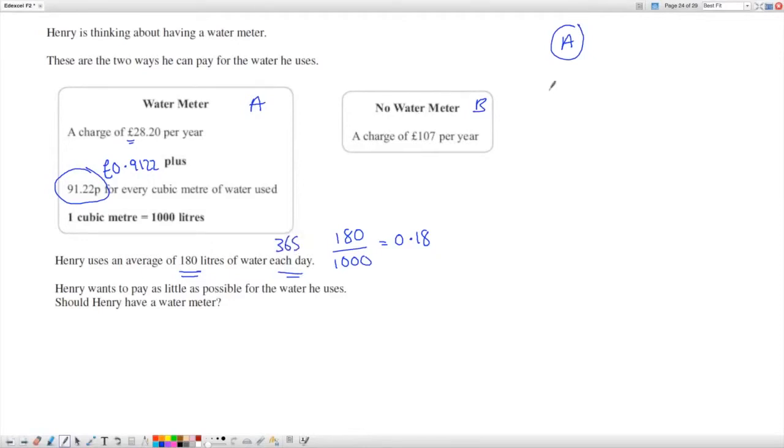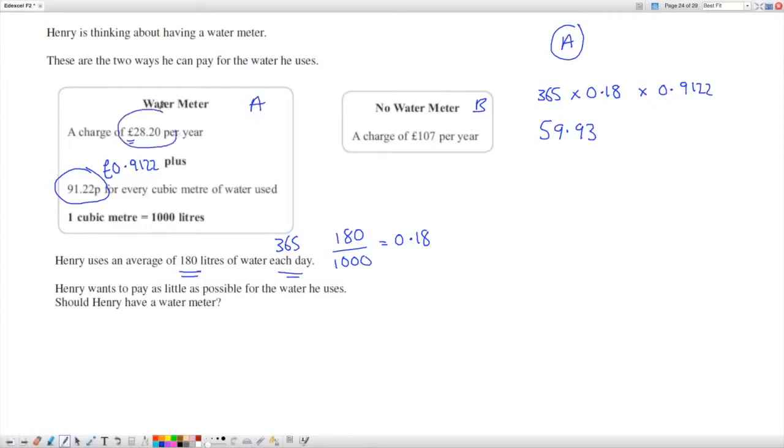So our costing for A is going to be 365 days times the cubic metres per day times the cost per cubic metre in pounds, which is going to give us a value of £59.93.